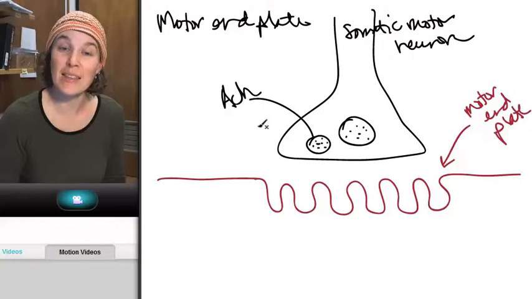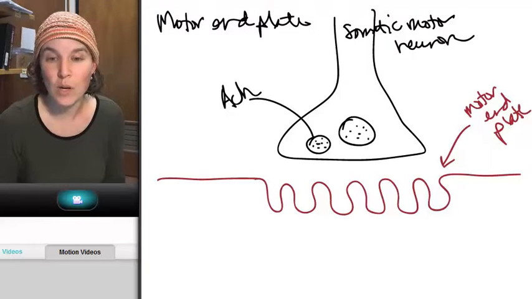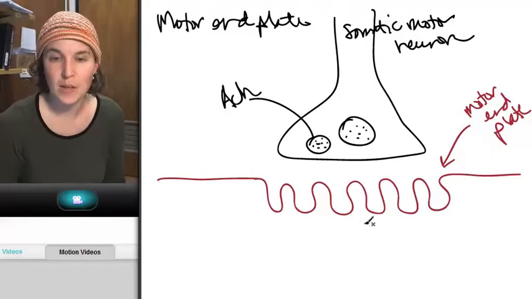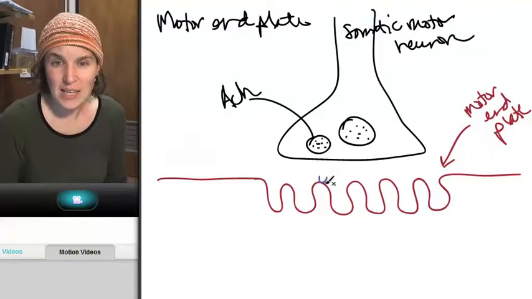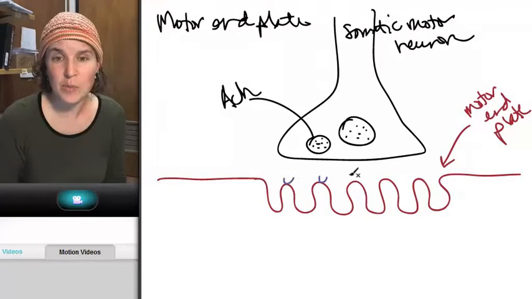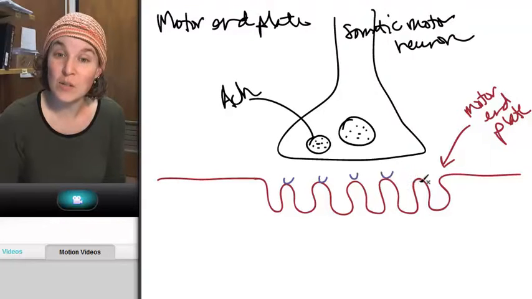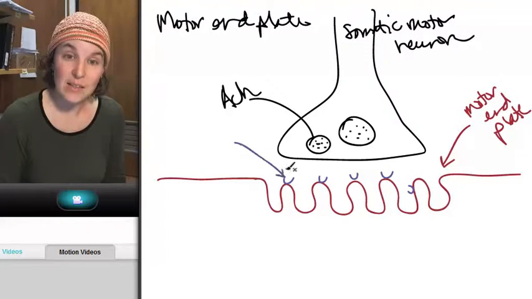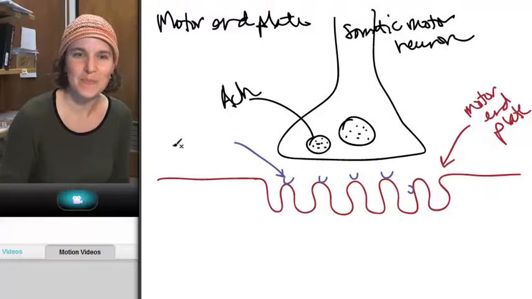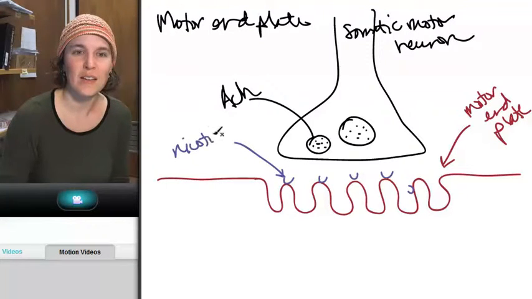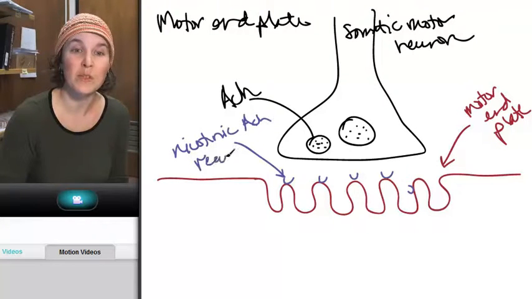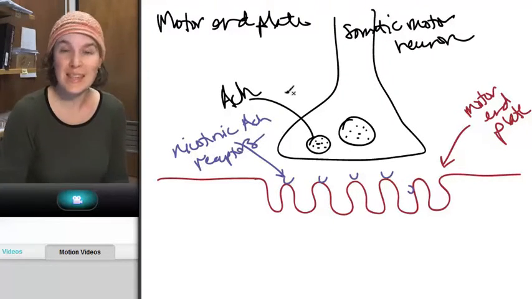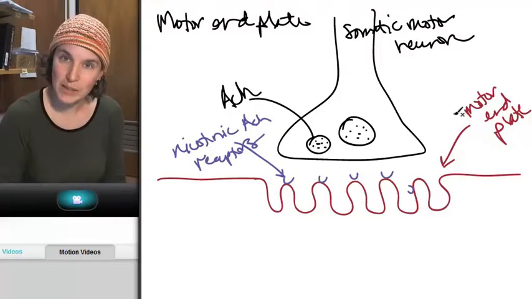And inside there, if we are dumping acetylcholine, what are you going to expect to see? You're going to expect to see acetylcholine receptors. And what kind of acetylcholine receptors are found in the somatic nervous system? Those are nicotinic acetylcholine receptors. This is my motor end plate.